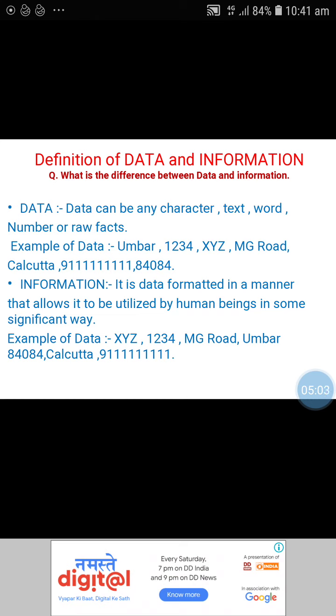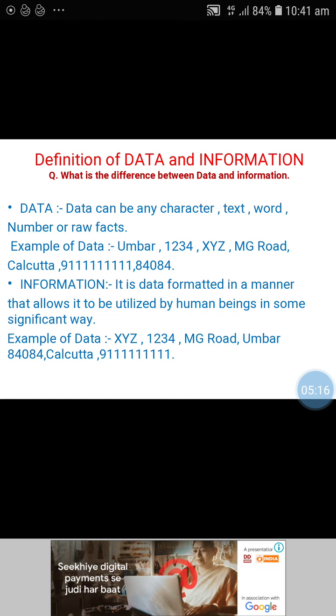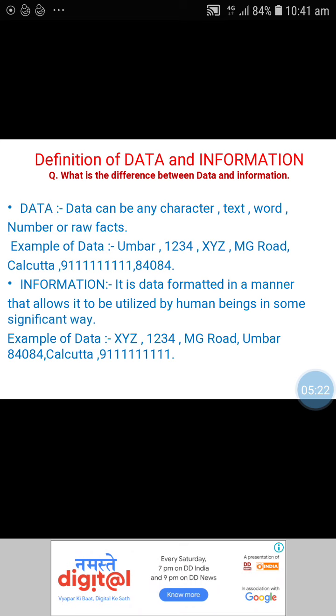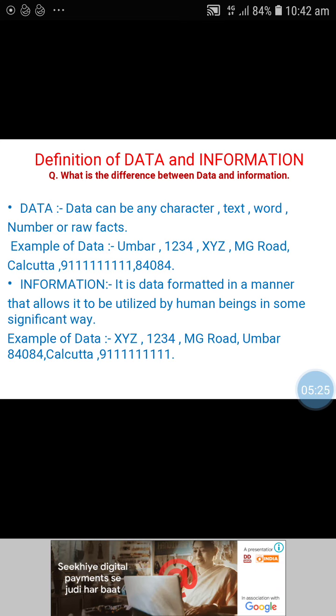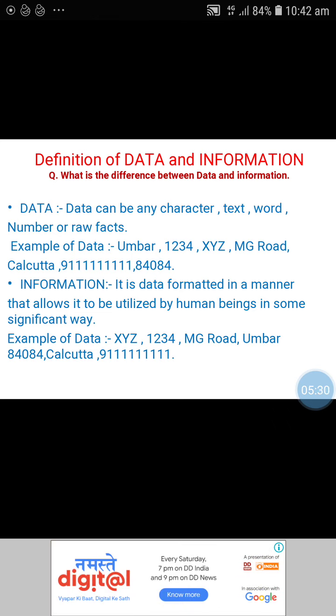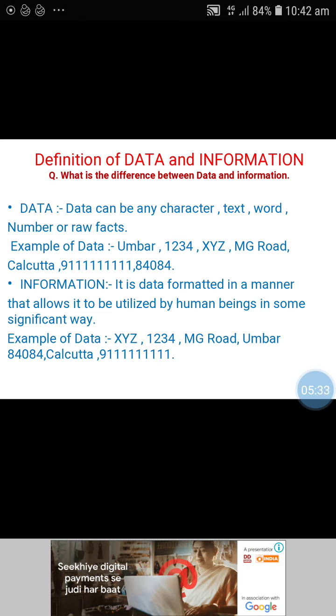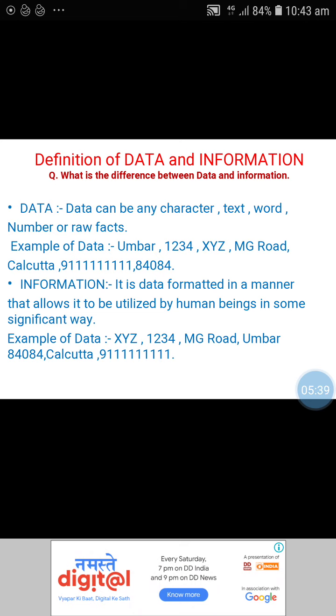Data can be any character, text, word, number, or raw facts. Examples of data are Umber, 1234, XYZ, MG Road, Kolkata. These are simple words, simple text, simple numbers, or you can say raw facts.